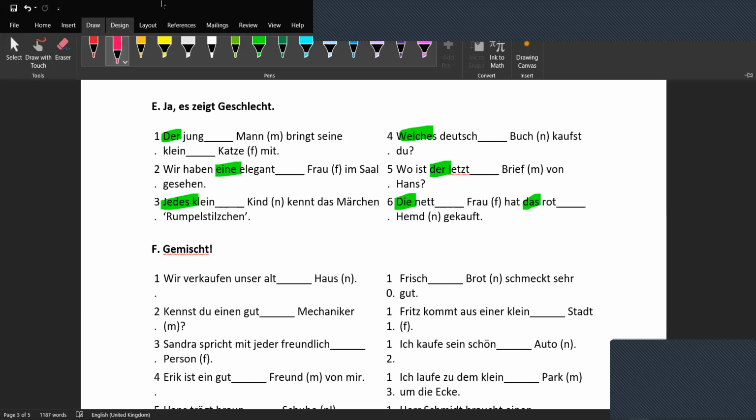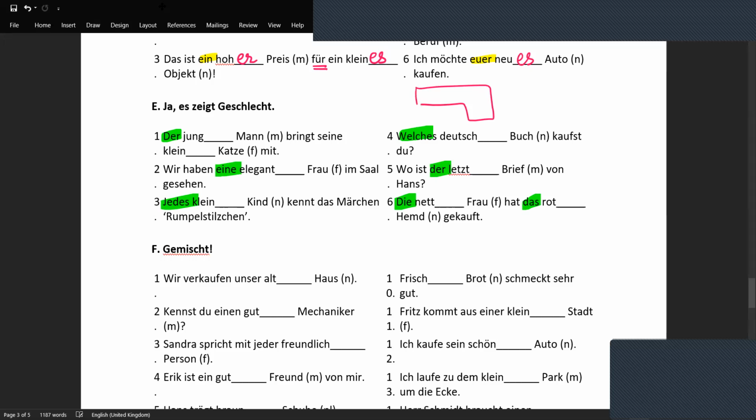So again, like I had drawn, wait, this is not correct. This part should be a bit bigger, like this, yeah. So nominative, accusative, masculine, feminine, neutrum and plural. Only this part will be E and the rest will be all EN.